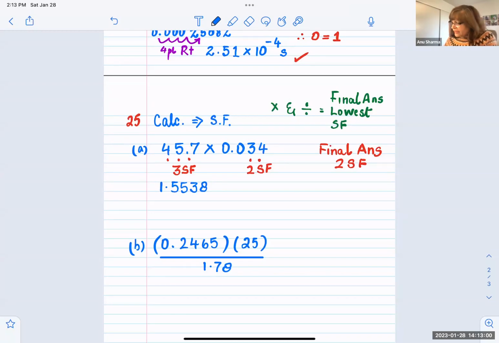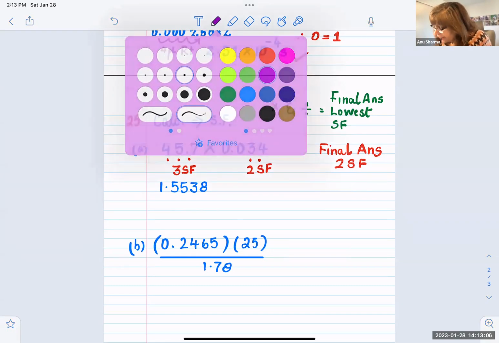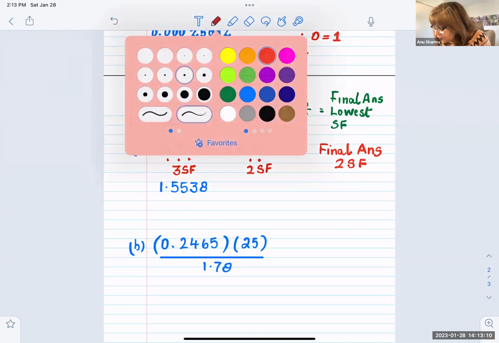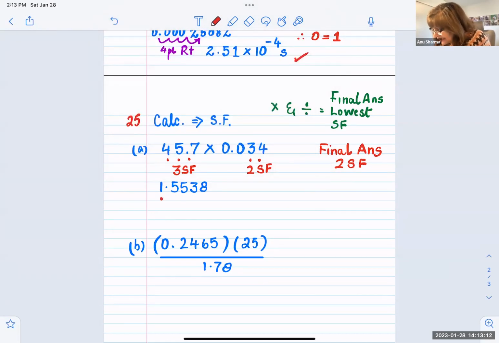From the calculator, I get 1.5538. Now, here's the thing. According to the rule, we only need two significant figures. So we keep the 1 and 5, but we need to drop the rest. When we drop off the 5, what happens to the remaining 5 on the left?